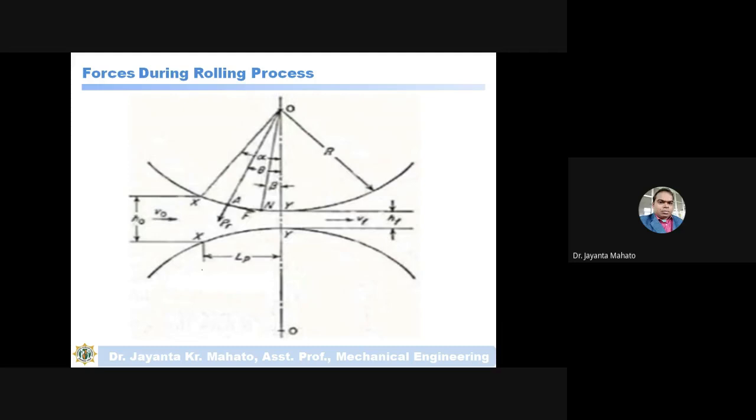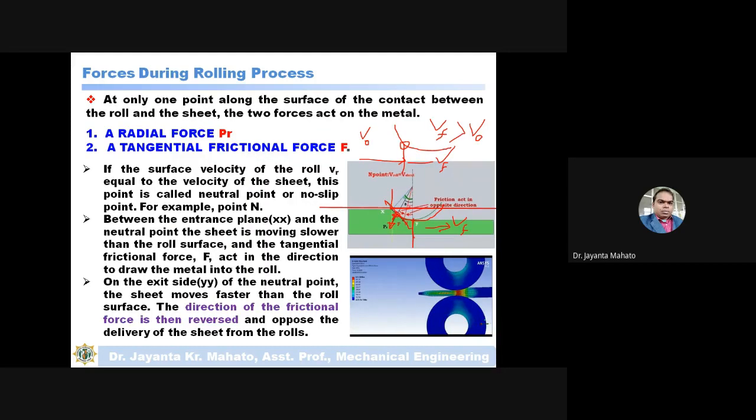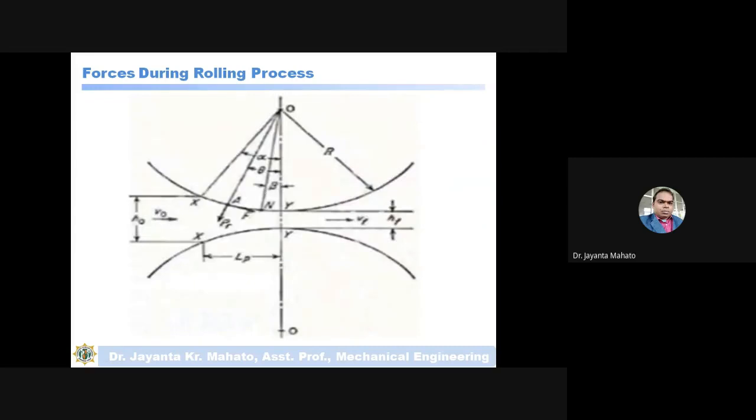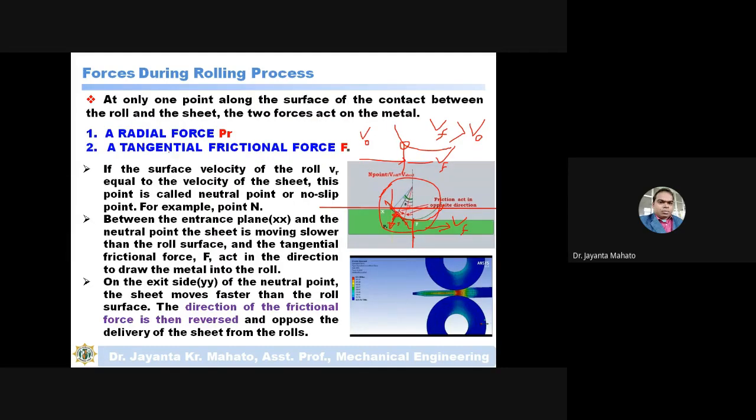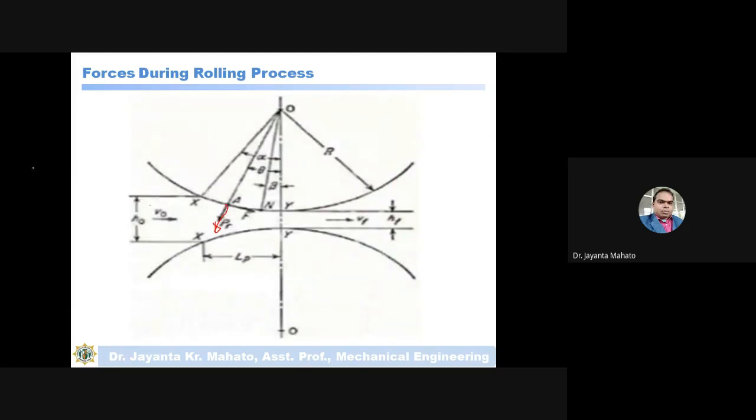Now, from this diagram, if we enlarge this view, this PR is a radial force, and this F is the tangential frictional force.